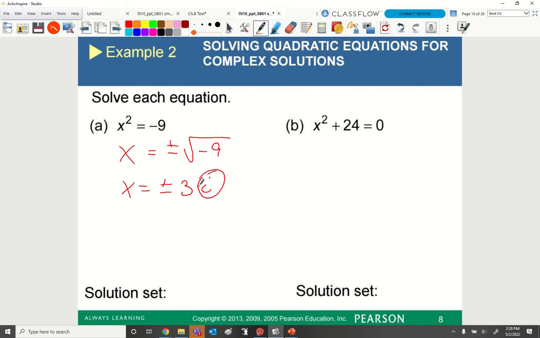But every time I take the square root like this, there's a possibility of it becoming positive or negative. So that's where I get that from. It's a possibility of one being either or. So as a solution set, it's going to be in braces: -3i, comma, +3i.